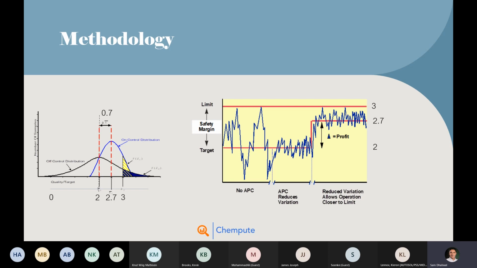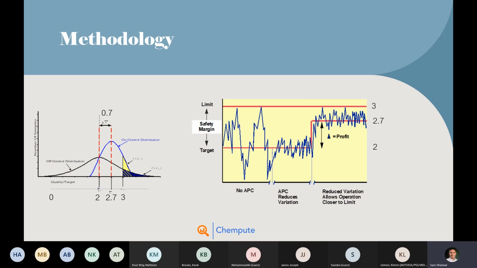This slide here shows one way in which advanced process control can generate benefits. So let's imagine that this trend here is showing the amount of ethane that is being slipped into a propane stream. And let's assume the propane is more valuable than the ethane, and the maximum amount of ethane that is allowed in the propane stream is 3%.